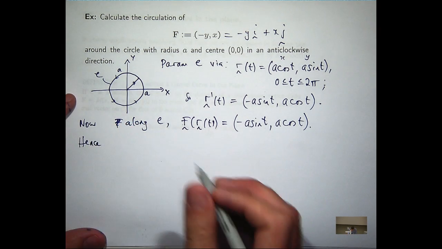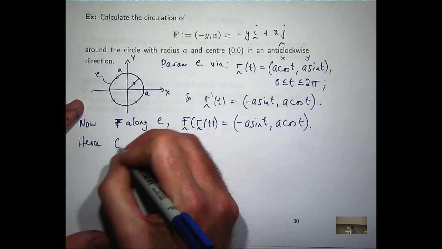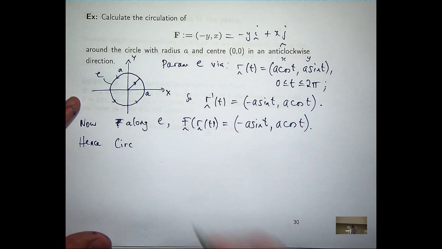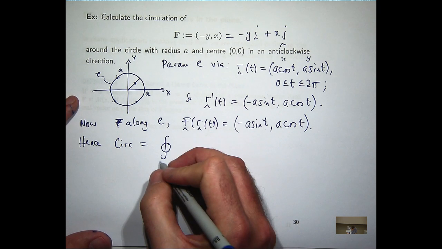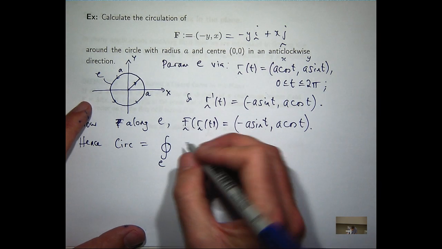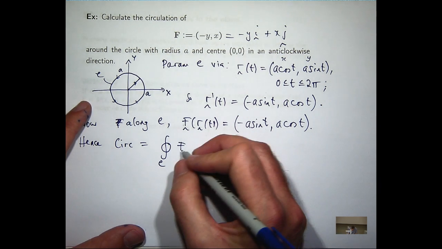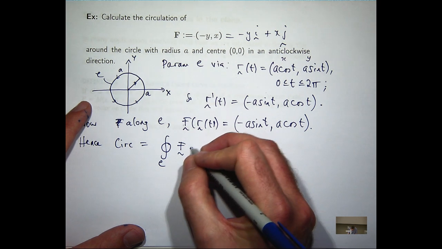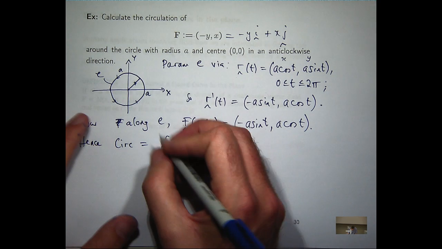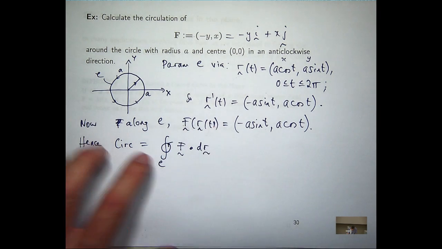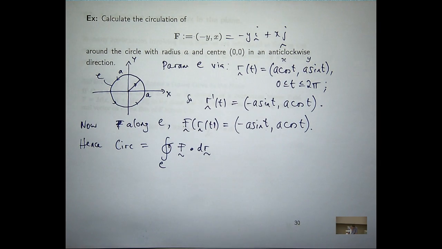So the circulation, let's just call it circ, is just the following. Now, I'm also going to put a little arrow on that circle in the integral sign to show that I've oriented the curve in an anti-clockwise direction.